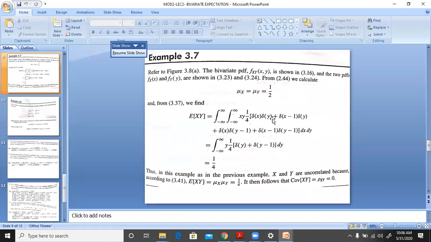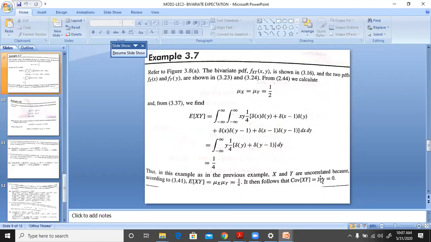If you simplify that, we will get y into 1 by 4 dy plus dy minus 1 dy, because we need to integrate all that, and we'll get only 1 by 4. So thus in this example, as in the previous example, x and y are uncorrelated because E of xy is equal to mu x mu y, which is 1 by 4, and then the covariance sigma xy will be equal to 0.